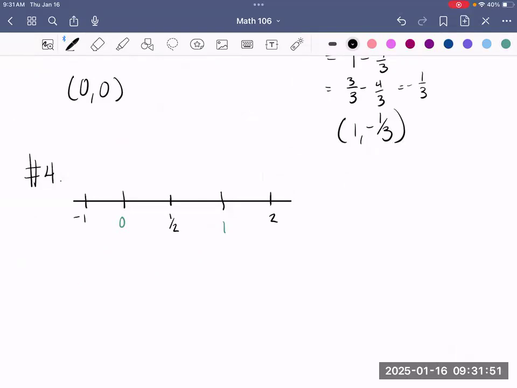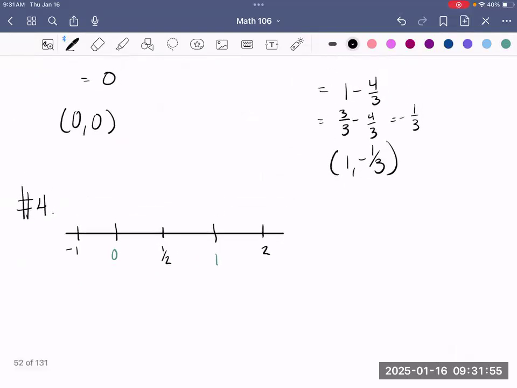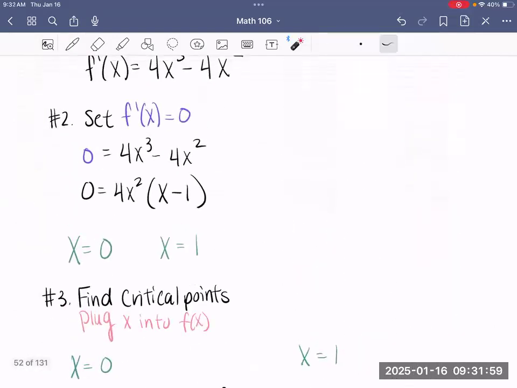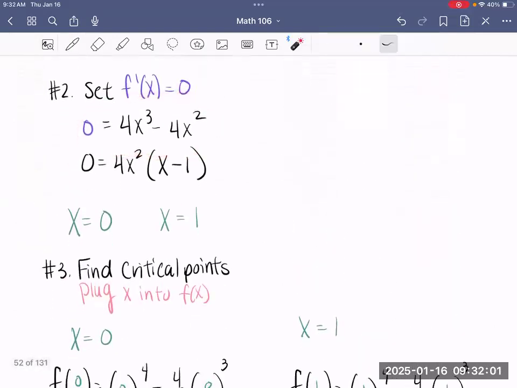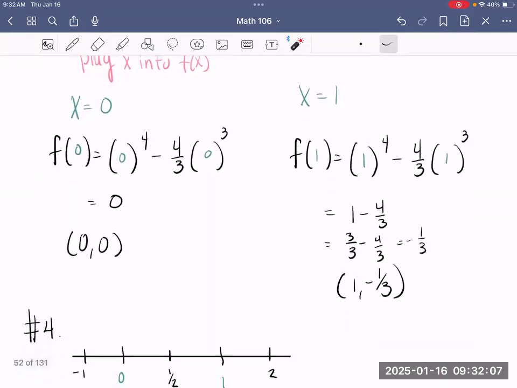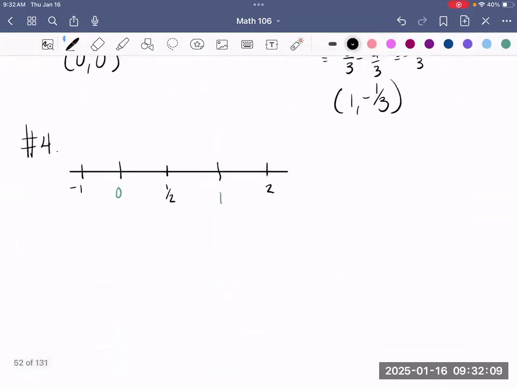Nobody says you have to choose fractions just because you have fractions in there. And we get to put it right into your first derivative. So this could be your non-factored equation or your factored equation. So I'm going to put mine into my factored form, which was 4x squared times x minus 1, I believe.